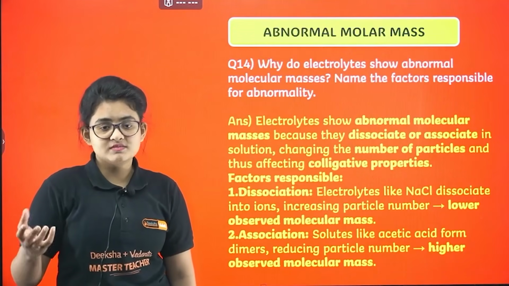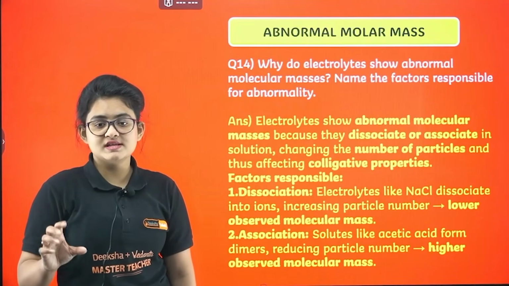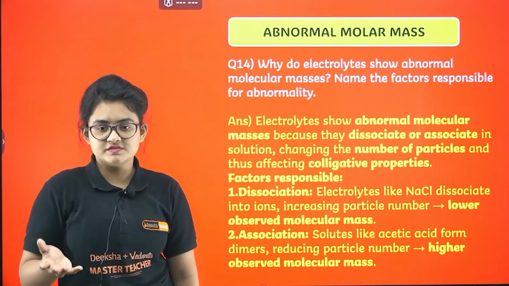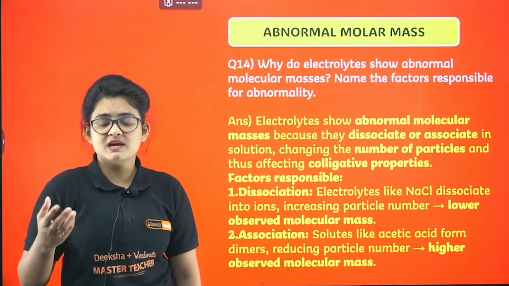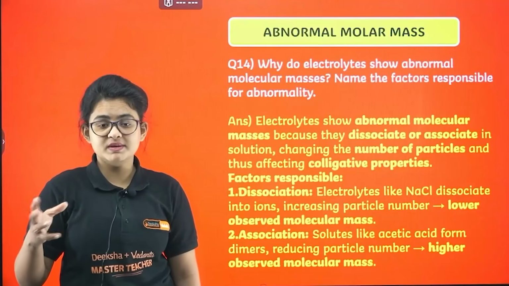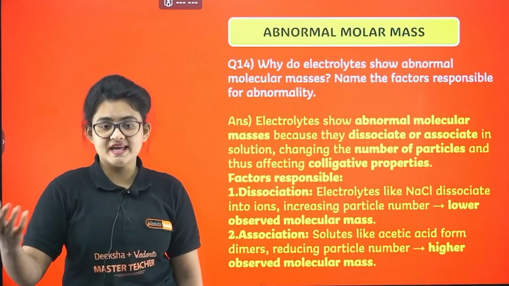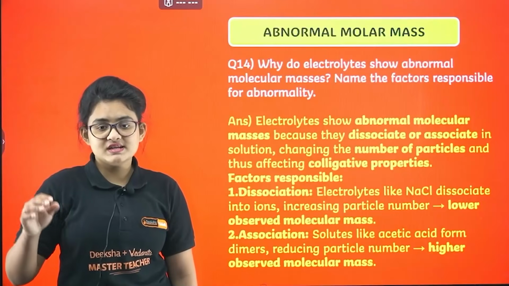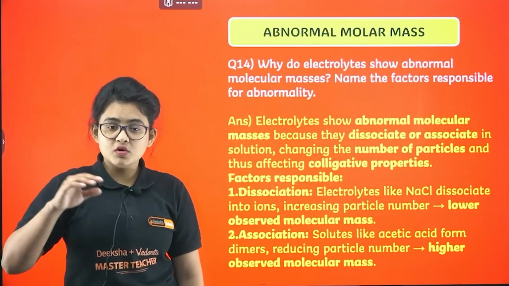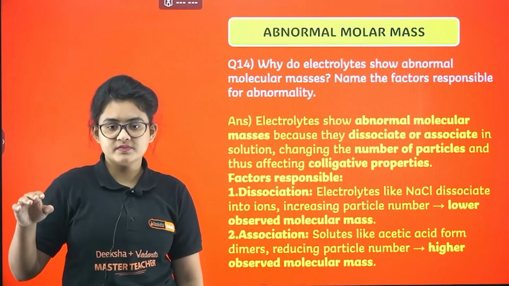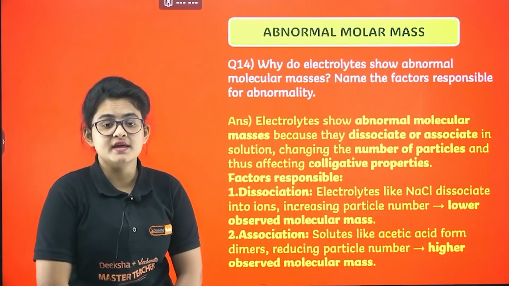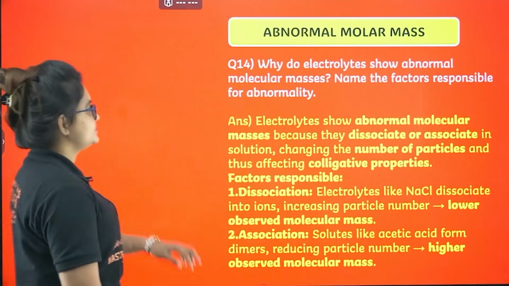So because of hydrogen bonding only, this is the association. As a result, colligative properties will be observed. Then dissociation: let's say I take a salt like aluminium sulfate or KCl, which will dissociate into ions. As a result, more number of particles will be there, so the molecular mass will be lower because they are dissociating into ions. I guess it's clear to you.